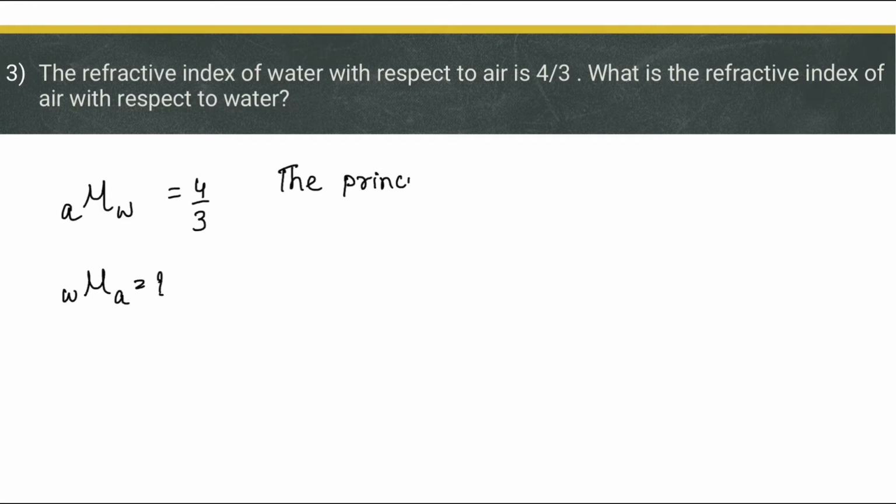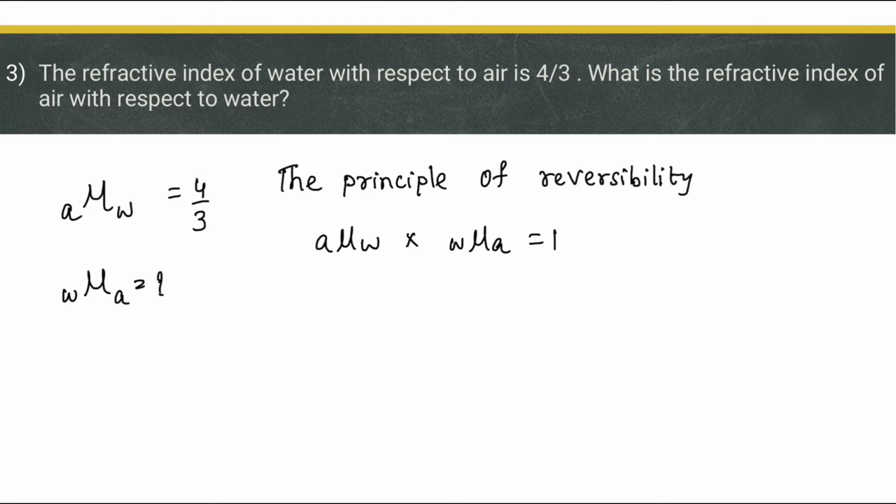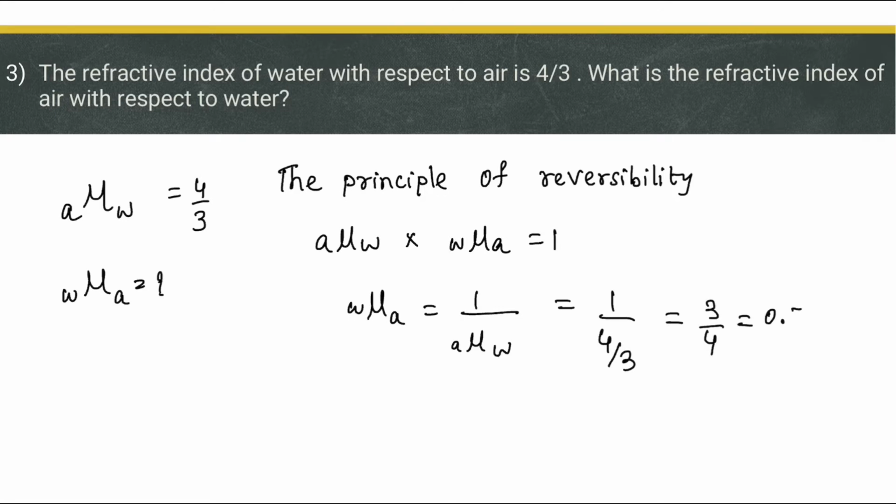According to the principle of reversibility, A mu W times W mu A is equal to 1. So if I make W mu A the subject, it is 1 upon A mu W. That is 1 upon 4 by 3. 3 will go up in the numerator. So 3 upon 4, and the answer is 0.75. This is the refractive index of air with respect to water.